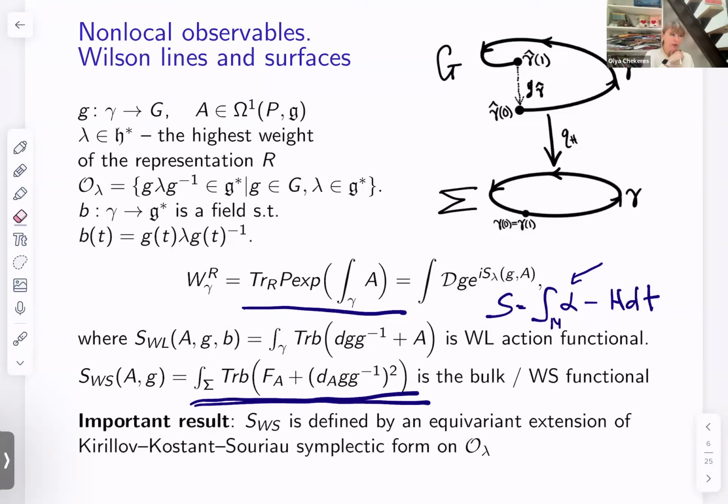So if you look at the quantization of the symplectic phase space of the coadjoint orbit, more precisely, I think you do not need geometric quantization for that. Okay, so what is the procedure?